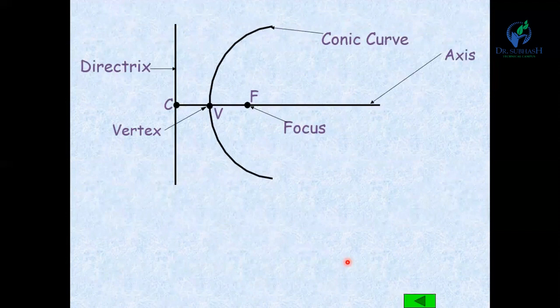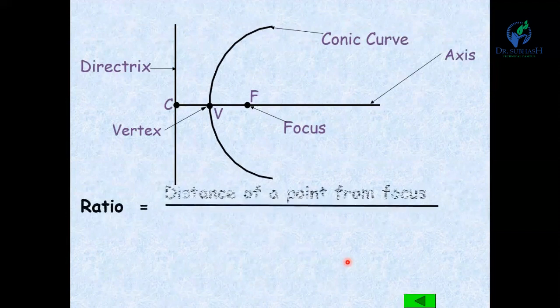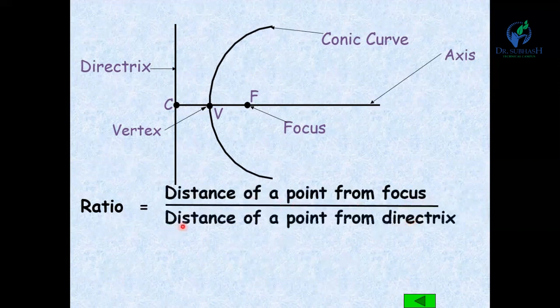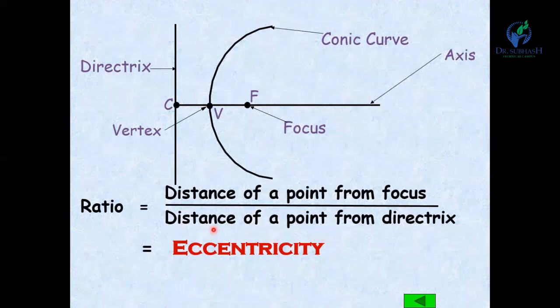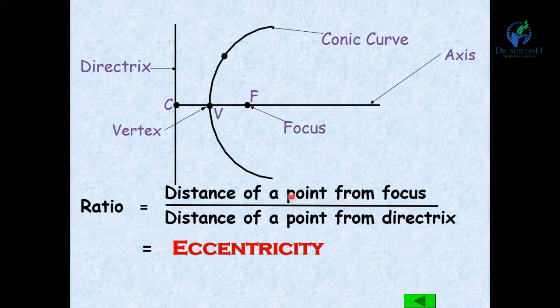Now here in this ratio, as per the definition of the conics, the distance of a point from the focus to the distance of the point from the directrix is constant, and it is known as the eccentricity. This ratio is known as the eccentricity. So now see, this point P is here. The distance of point P from F is PF, and from the directrix is PM.